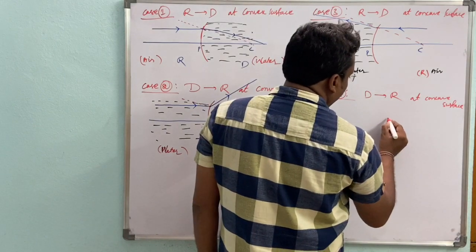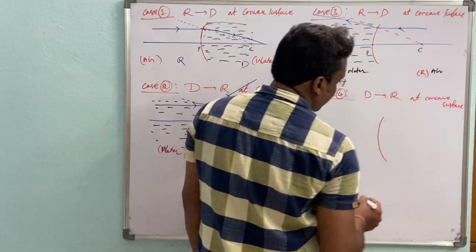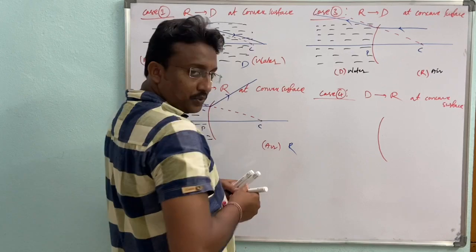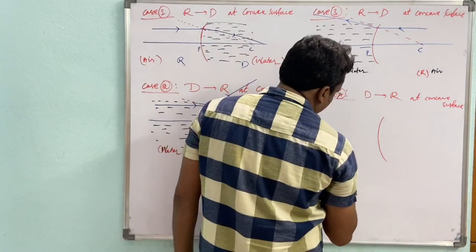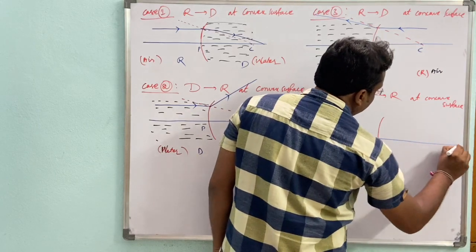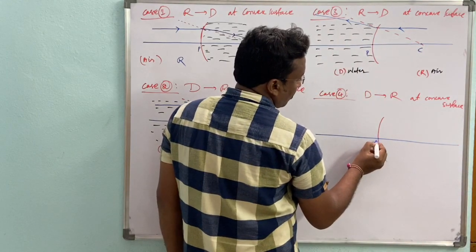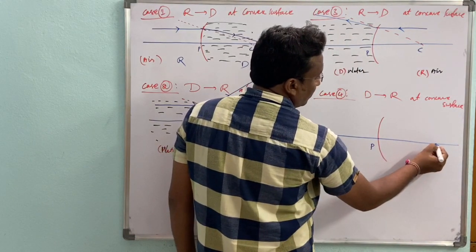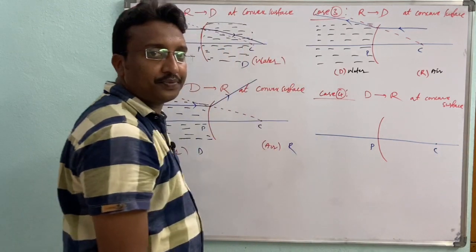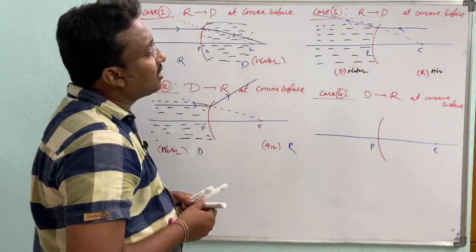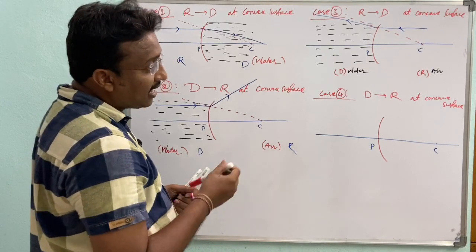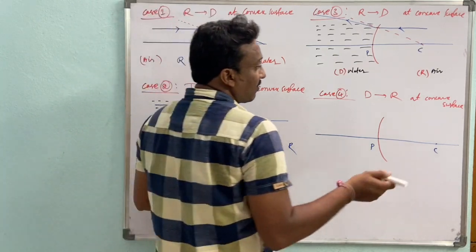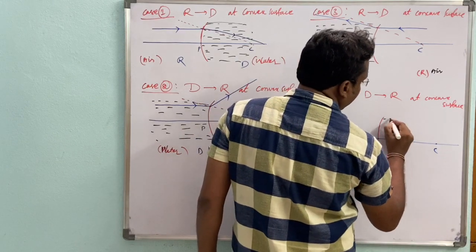Right? Then principal axis, pole, center of curvature. Here it is traveling from denser to rarer at a concave surface. For the concave surface, then this side.